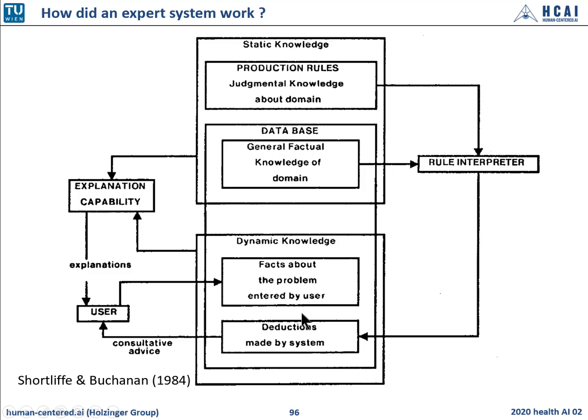This is facts about the problem entered by the user. And these are then the deductions made by the system itself. And you see also here consultative advice, explanations, so explanation capability. So actually it's a beautiful example for what is now called explainable AI. So you see this grand goal of having explanations for the underlying facts was a long sought goal for a long time.